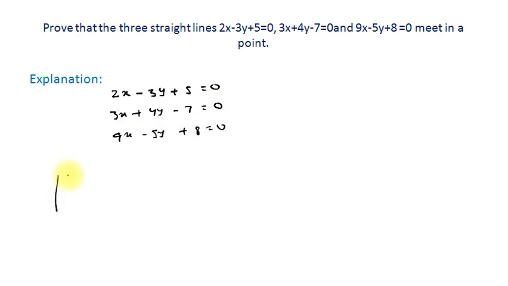It means we directly use the condition that if three lines meet at a point, the determinant of their coefficients of x, y and the constant term is equal to 0. So 2, minus 3, 5; 3, 4, minus 7; 9, minus 5, 8 is equal to 0.